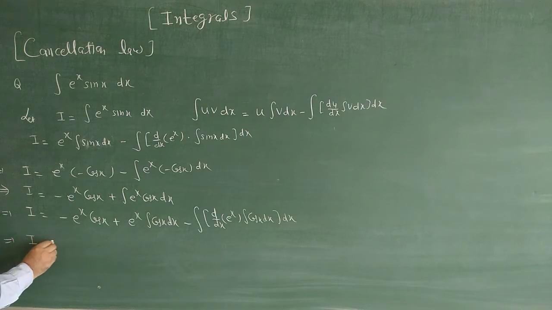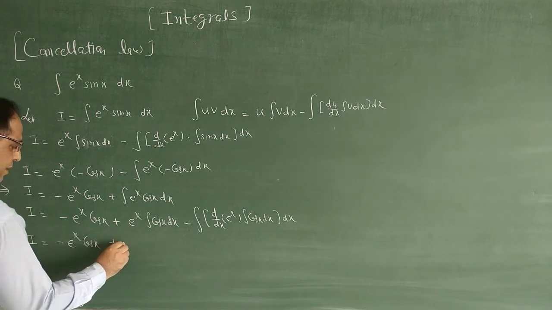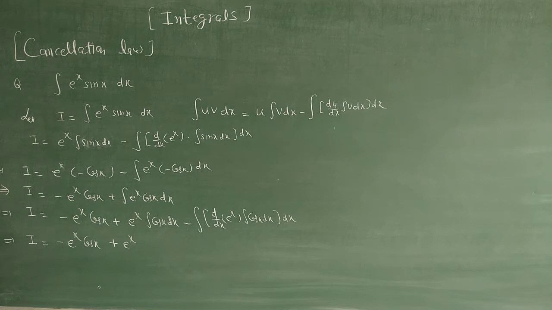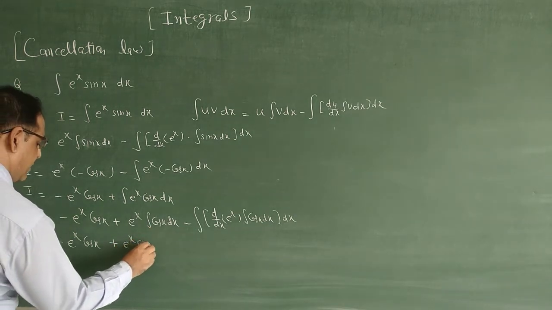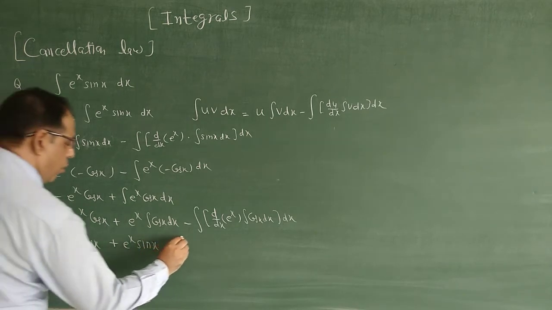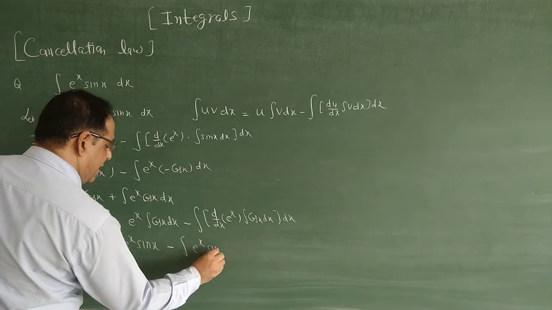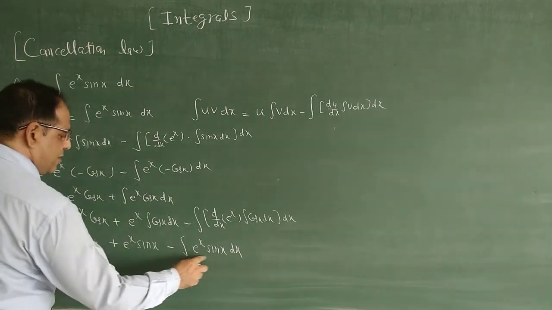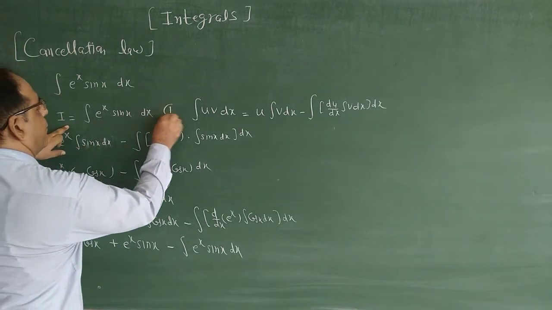So I equals minus e to the power x cos x plus e to the power x sin x, since the integral of cos x becomes sin x, minus the whole integral of e to the power x sin x dx. And this integral of e to the power x sin x dx is replaced by I from the first step.